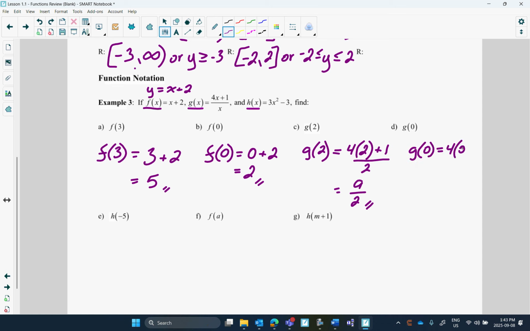Well, replace every x with 0, and I get 4 times 0 plus 1 divided by 0. Undefined, you cannot divide by 0. Undefined.